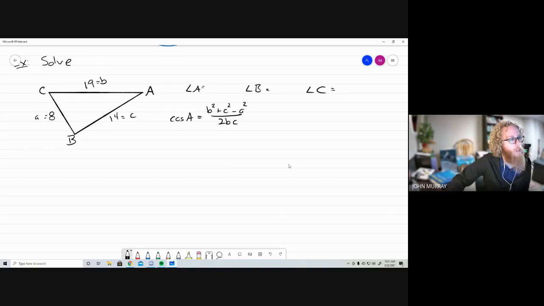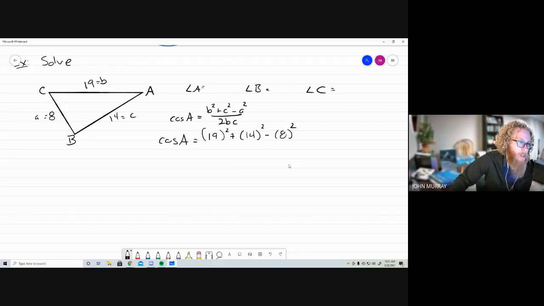We have the cosine of A is b squared plus c squared minus a squared all over 2bc. So we just plug everything in. That's our first step. We're going to have 19 squared plus 14 squared minus 8 squared all over 2 times 19 times 14.